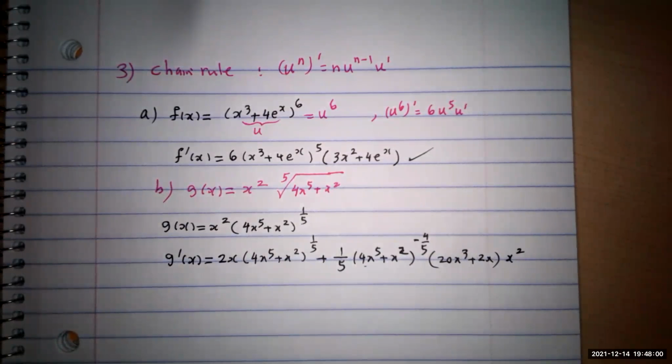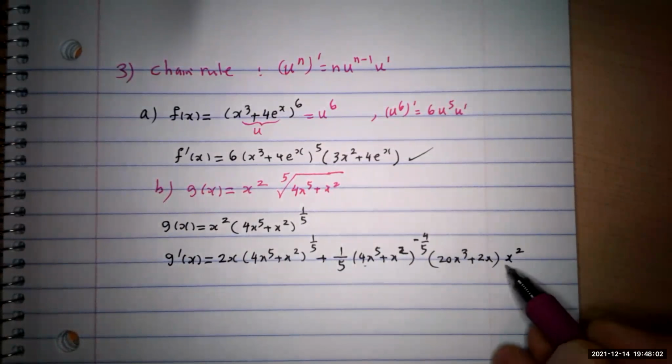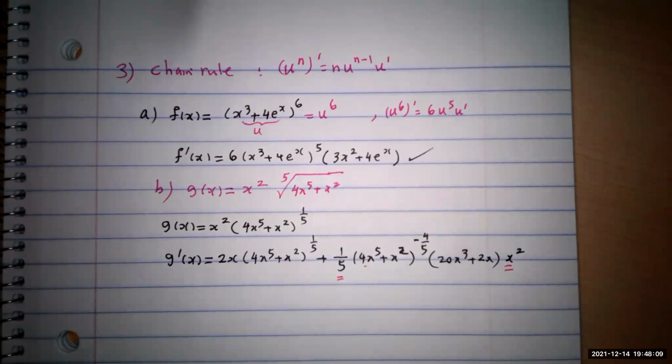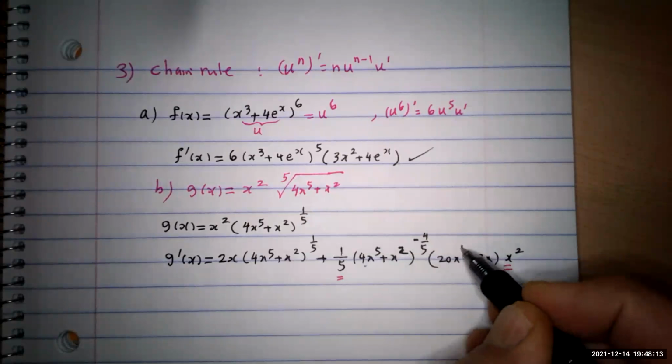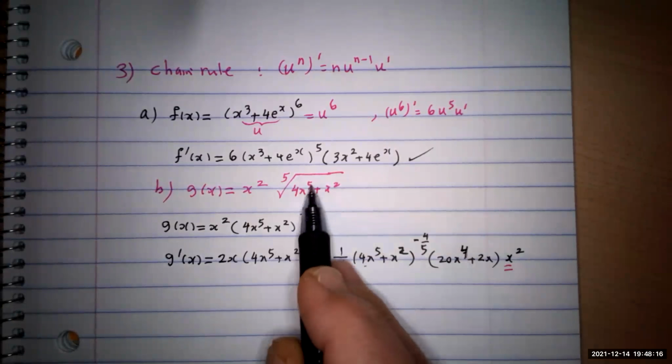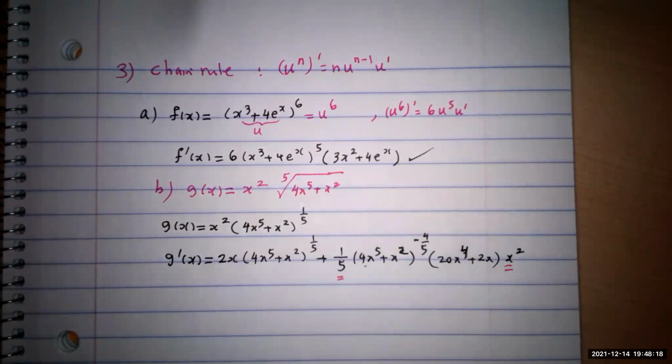Okay, you see this monomial? We put these two together because you have to put these monomials together. This is 20x to the fourth, of course: 5 times 4 is 20, so 20x to the fourth.